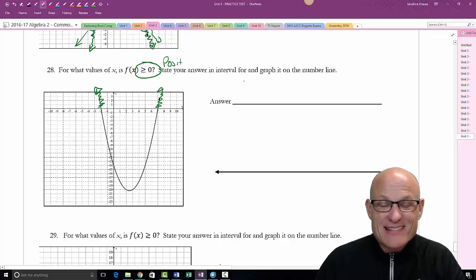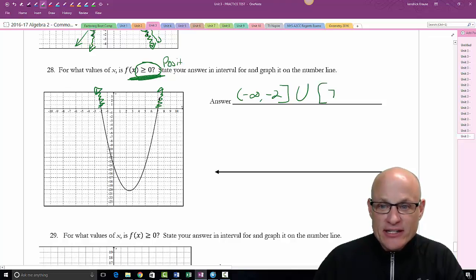So I got to figure out when this is above the x-axis. Oh, okay. Starting from negative infinity up to and including negative 2, because we have an equal to, union 7, including 7, all the way to infinity. Negative 2, 0, 7, closed circle this time.